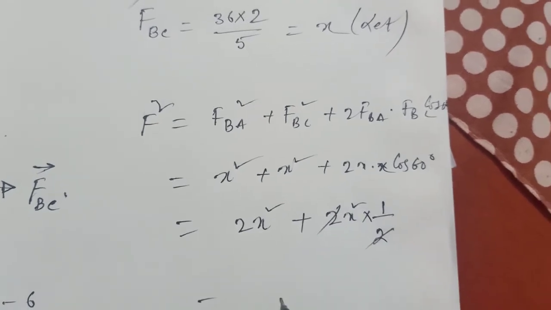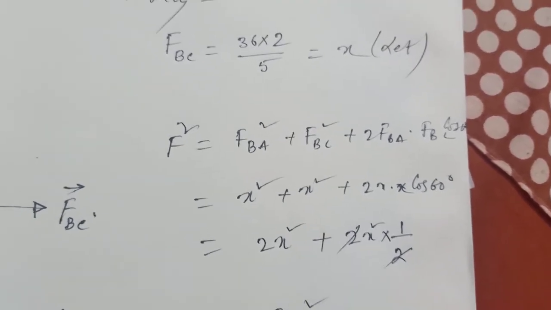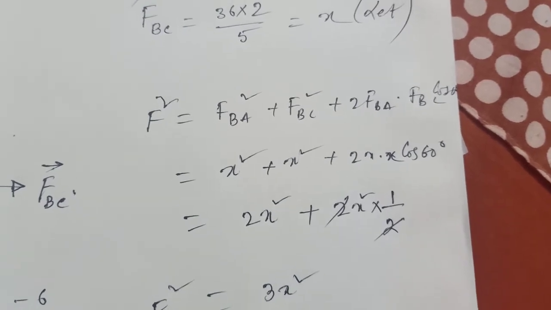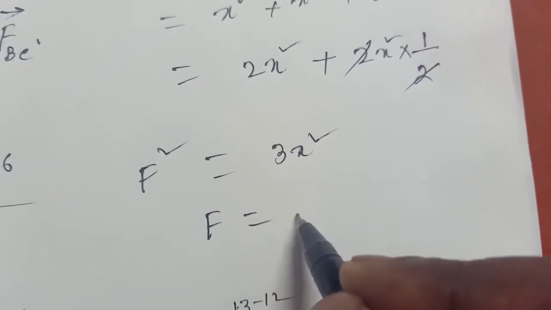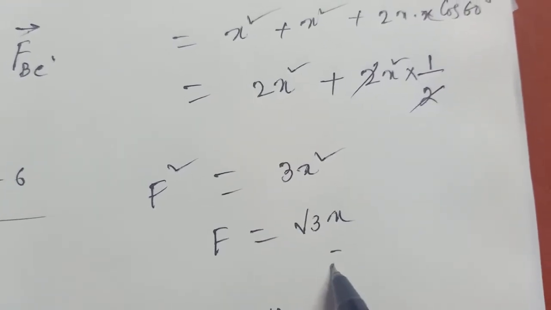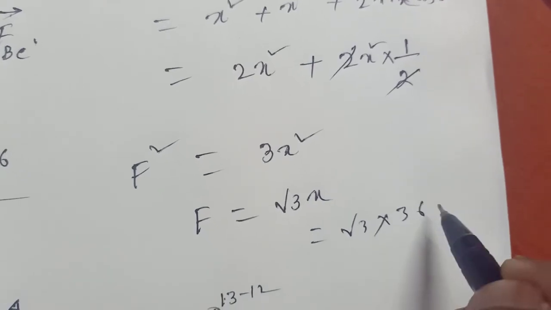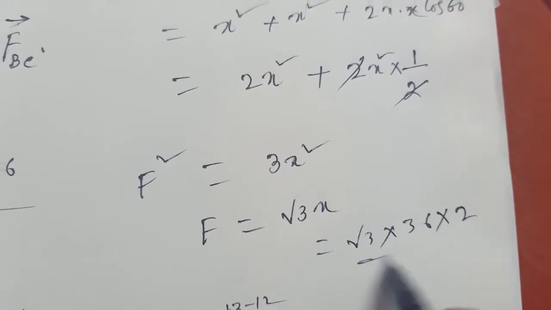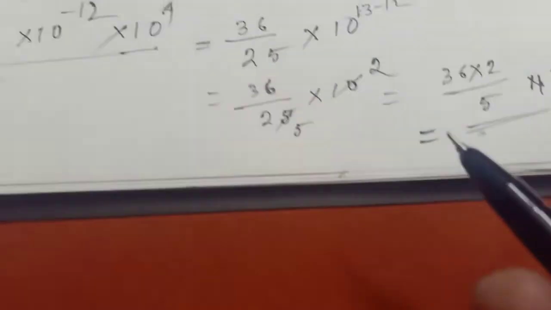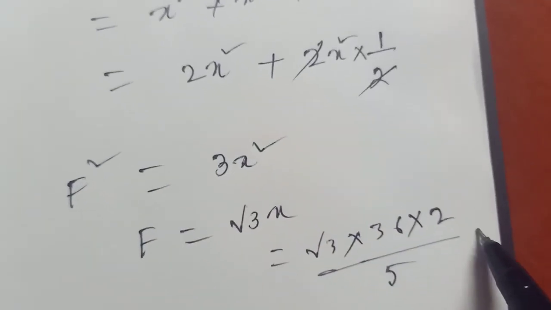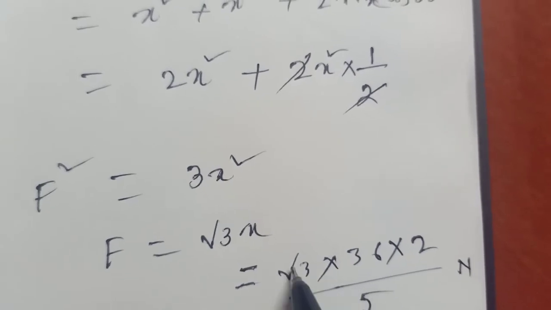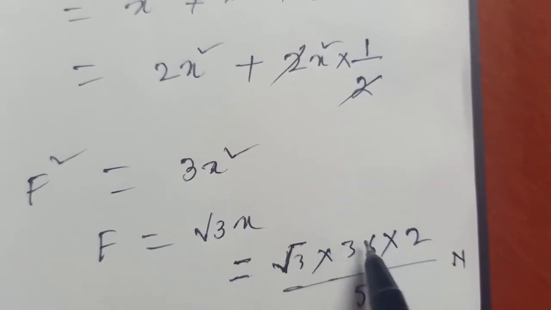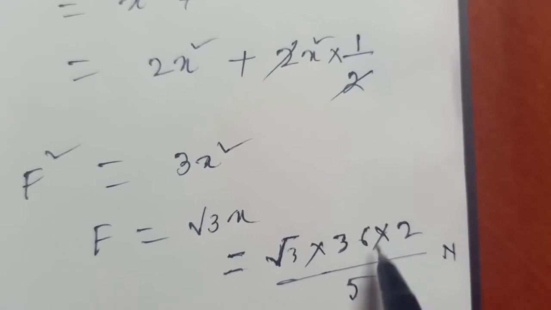The 2s cancel each other, so F square equals 3x square, or F equals root 3 into x, equal to root 3 into 36 into 2 by 5 Newton. So this is the resultant force, or we can calculate it by multiplying by this factor and get the result.